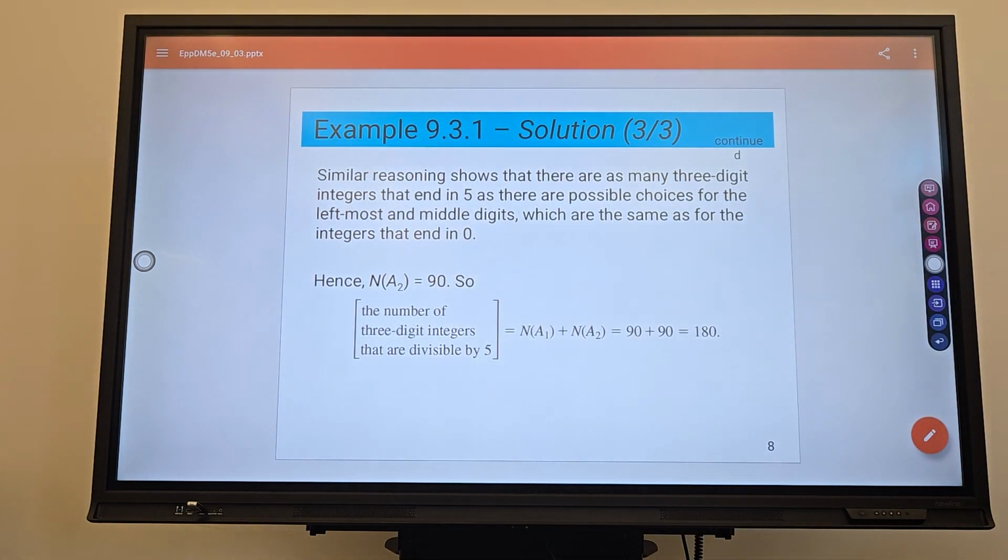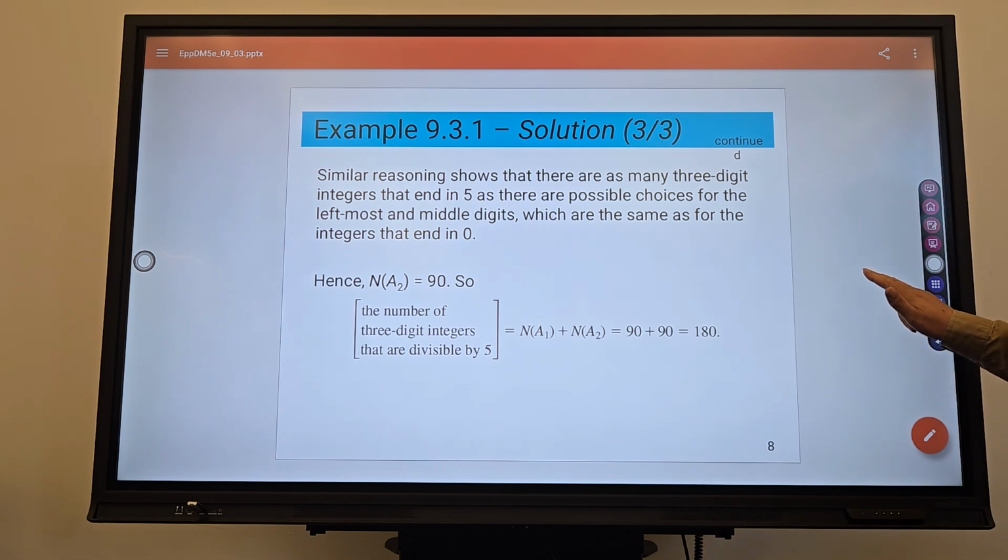So the number of 3-digit integers that are divisible by 5 is equal to the number in the set of integers that end in 0 and the set of integers that end in 5 added together. 90 plus 90 is 180. And if you recall from the previous lecture, we came to the same conclusion by a different route.